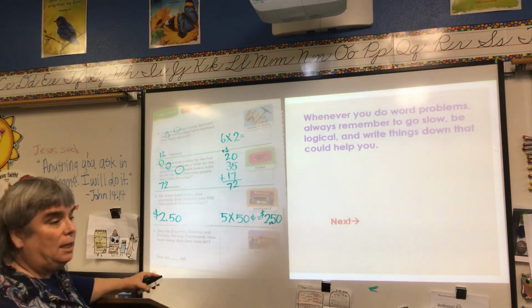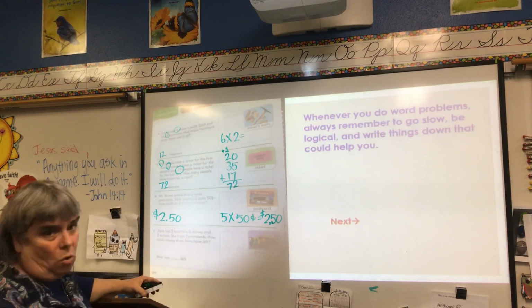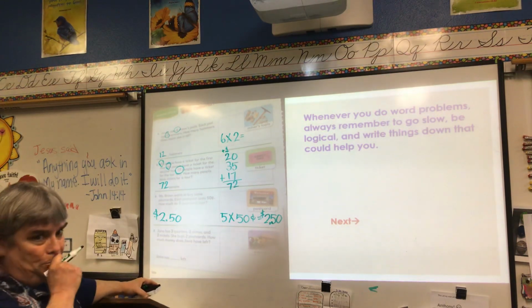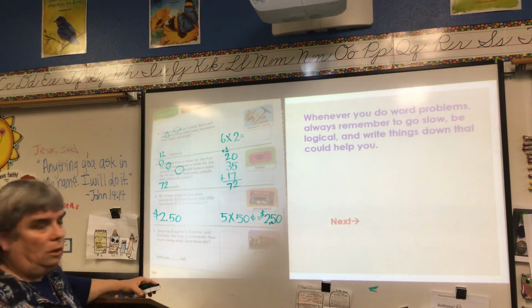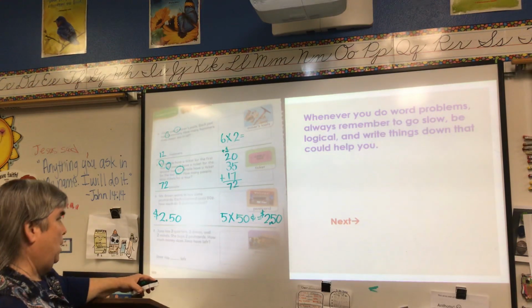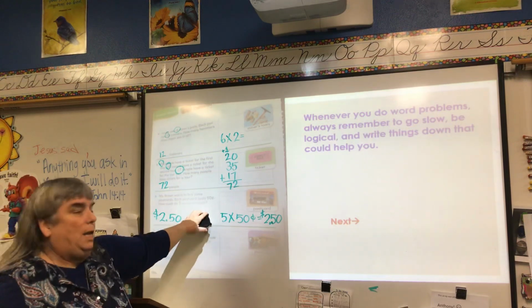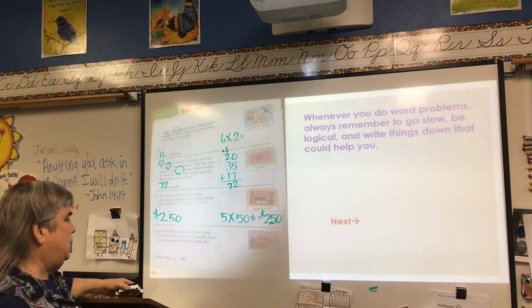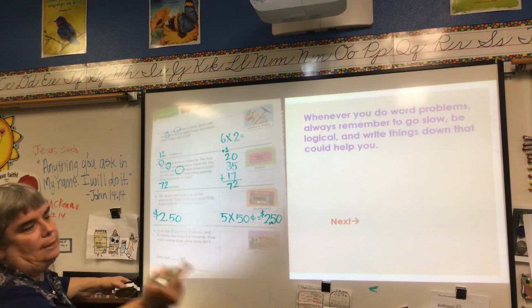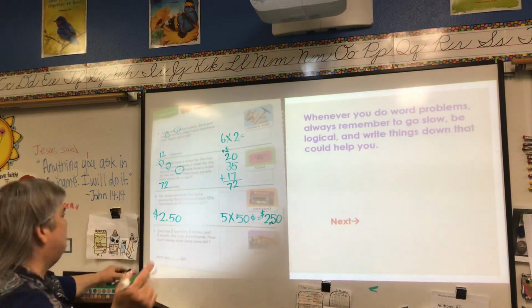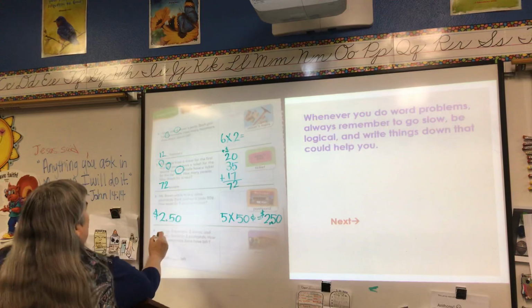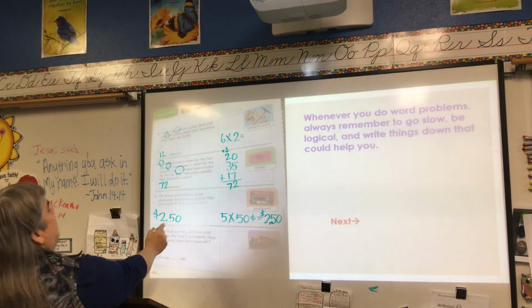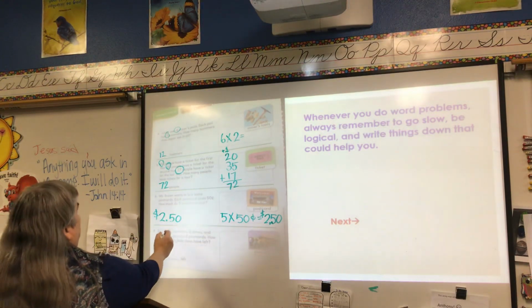Okay, Jana has 3 quarters, 2 dimes, and 2 nickels. She buys 2 postcards. Well, we have to remember that postcards are 50 cents. How much money does Jana have left? Hey, this is another review problem, back from our money. So what I'm going to do is write down what each one of these is.